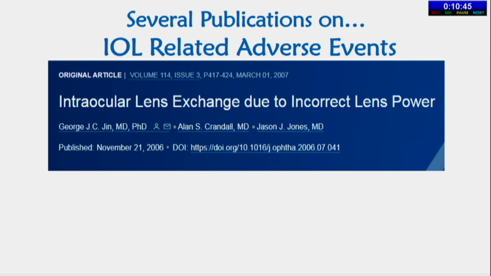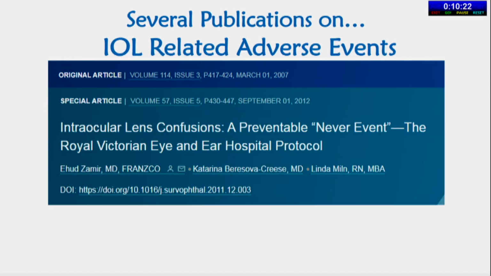So when we looked at the sentinel event, in other specialties it is death, but for us it's not so. However, when we look at surgical confusions, early on in the 2000s there were publications on surgical confusions in ophthalmology, and IOL implantation and wrong IOL power turned out to be the most common safety error.